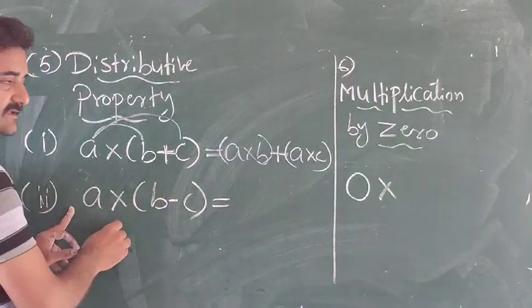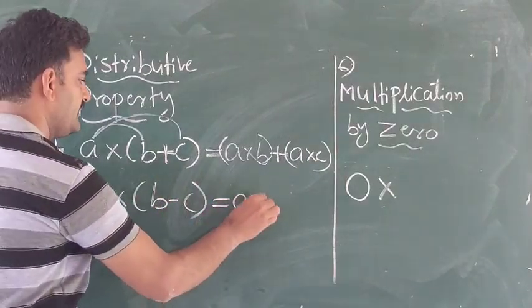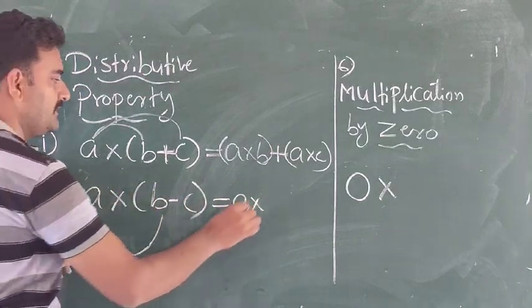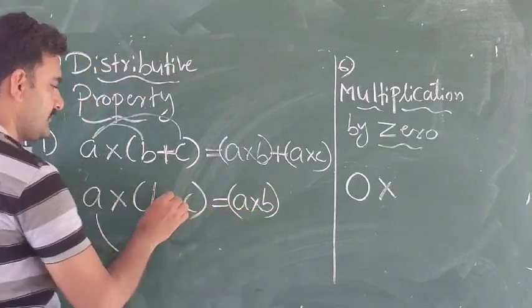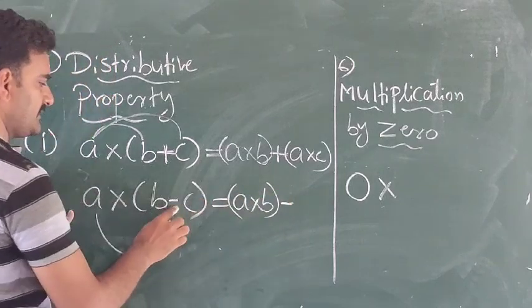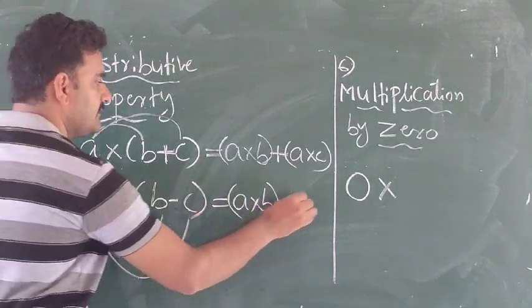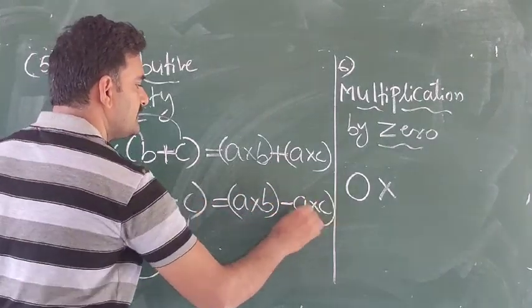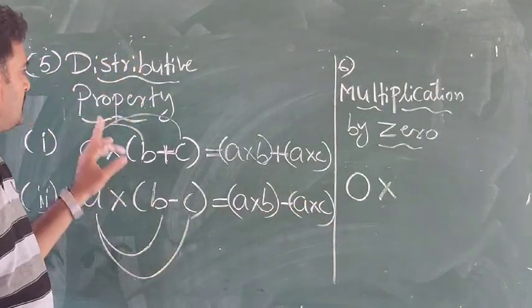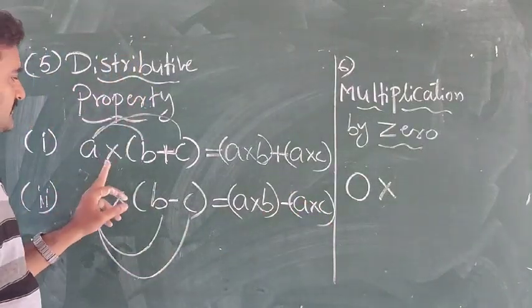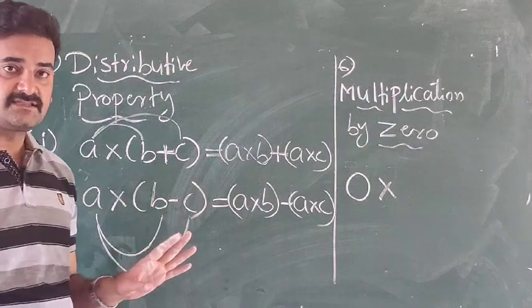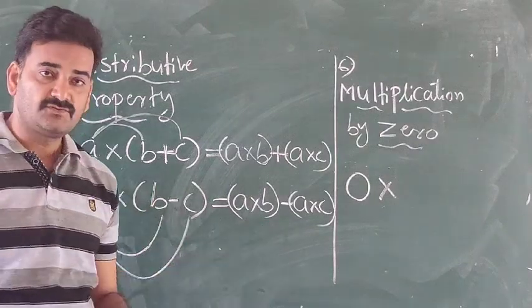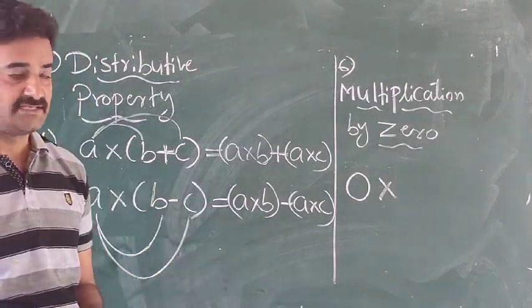Now same thing with minus. a into b, now minus as it is, a into c. So distributive property 1 and 2 properties are there. This one we are going to use when we solve the exercise problems.